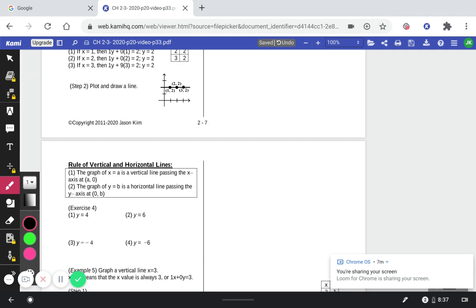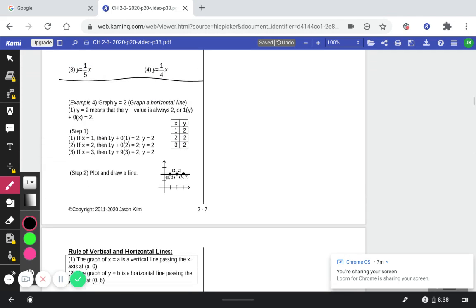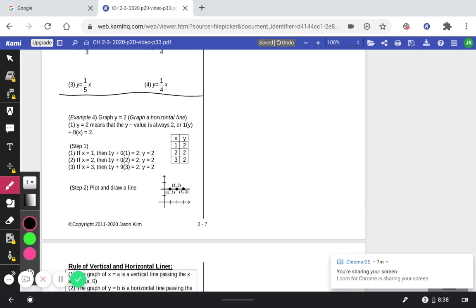Now example 4 gives you something interesting. They want to graph y equals 2. So how do you graph this using the table method? y equals 2 means y is always 2, no matter what x is.